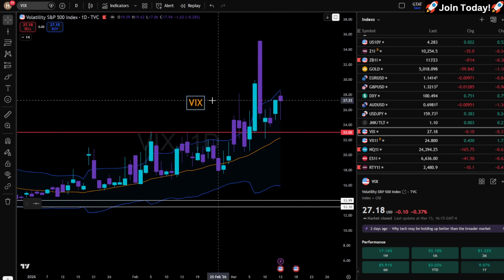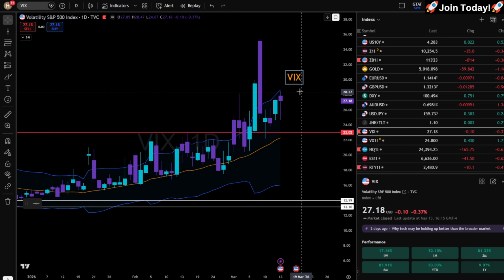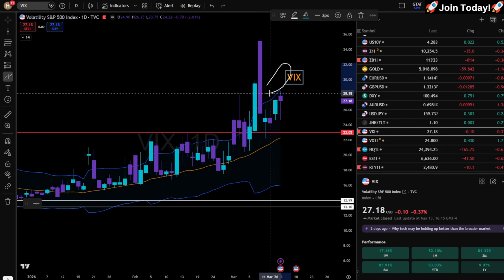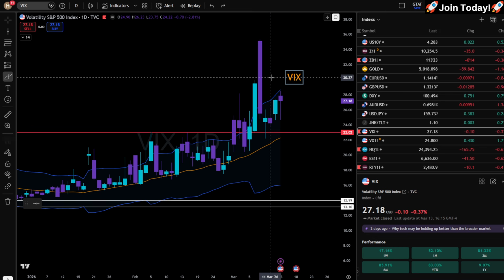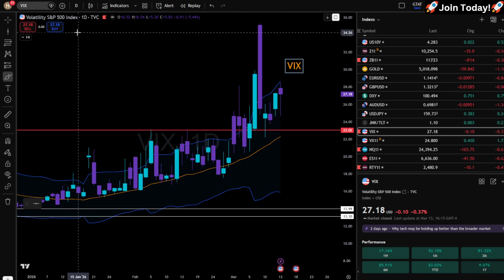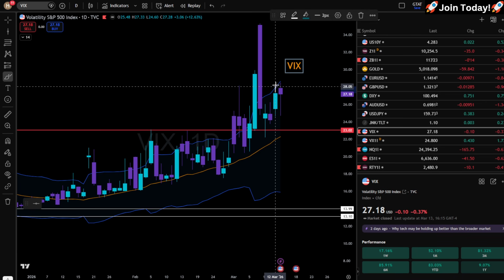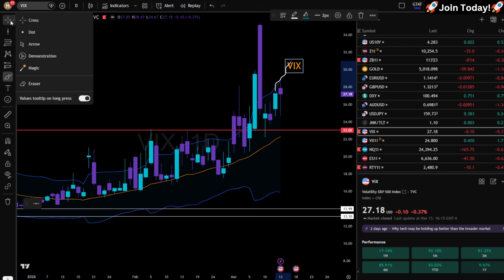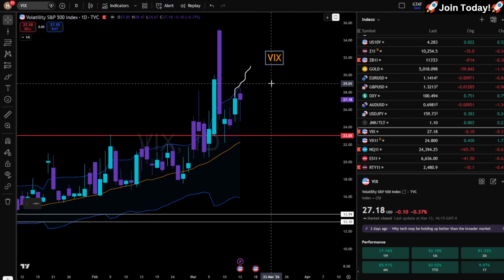Pragmatically speaking, similar to crude oil, we are not very far overextended to the upside in terms of the Bollinger Bands. The VIX is hugging the upper standard deviation, which means there is potentially a lot more room to go to the upside on the VIX before it becomes overextended.